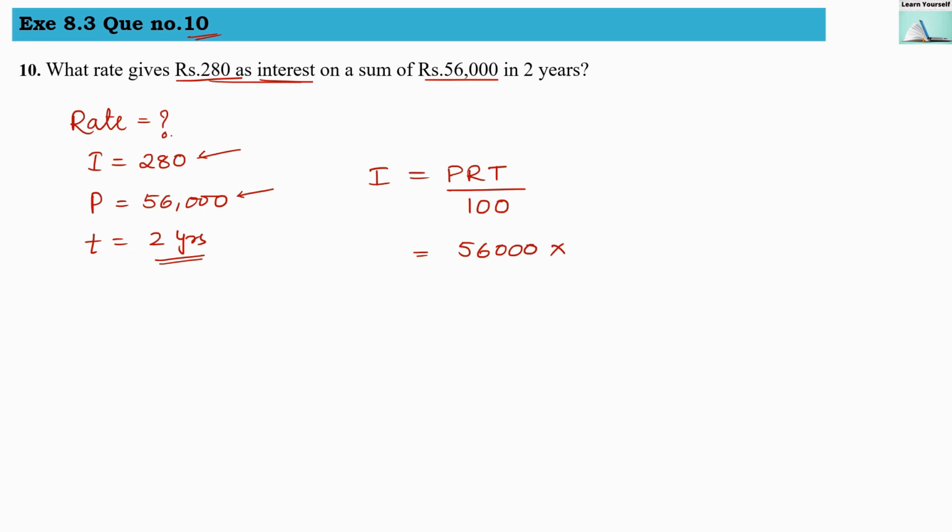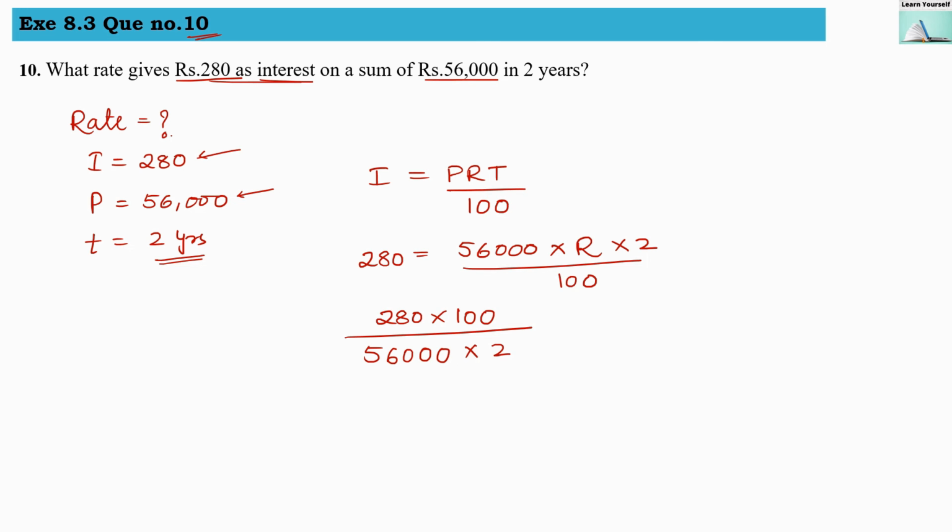Rate we have to find out, and term will be 2, divided by 100. Interest we know is 280. So 280 multiplied by 100 divided by 56,000 multiplied by 2 equals R.